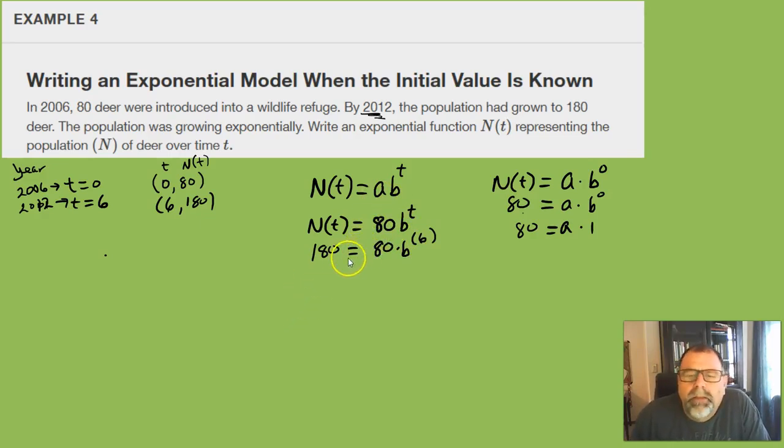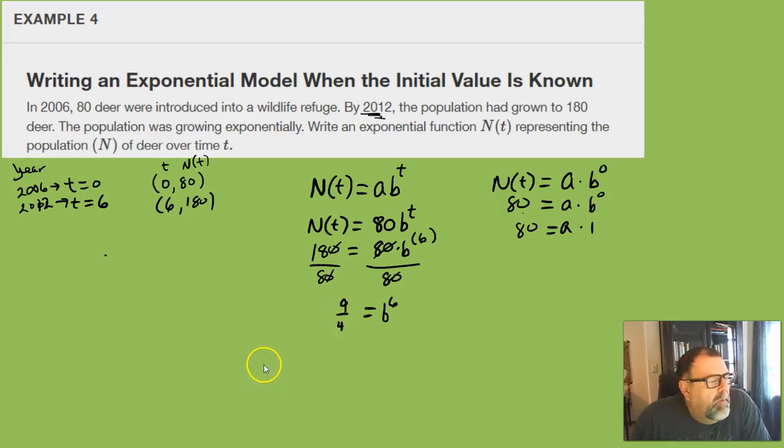So the way you do it is you're going to divide by 80. Okay, so let's see, the 80s cancel. So I get b to the 6th power equals, and then let's see, divide by 2, we get 9/4.